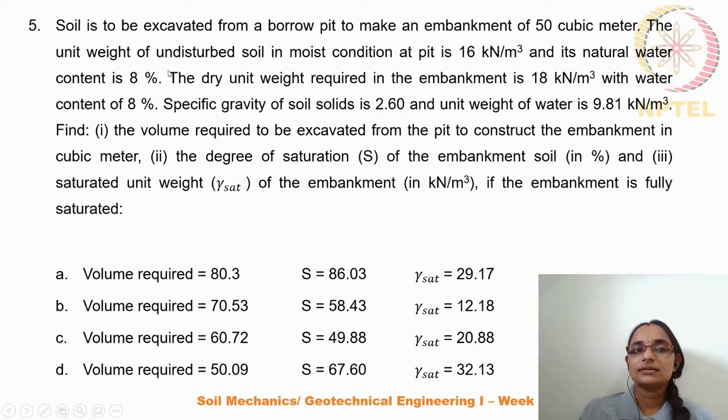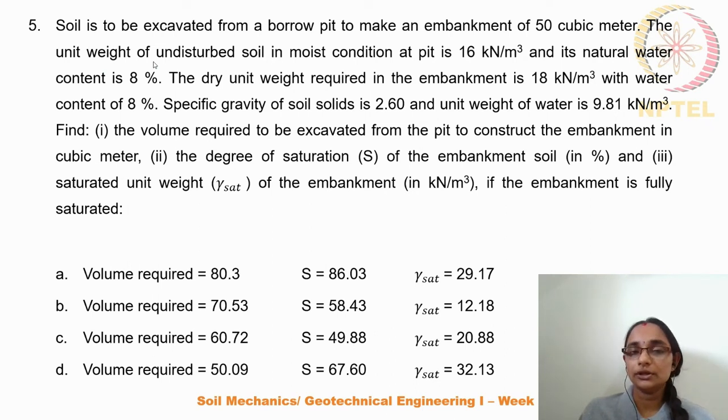We are given that the unit weight of undisturbed soil in moist condition is 16 kilonewton per meter cube. So, what kind of unit weight is it? Is it dry unit weight, bulk unit weight, saturated unit weight, or submerged unit weight?